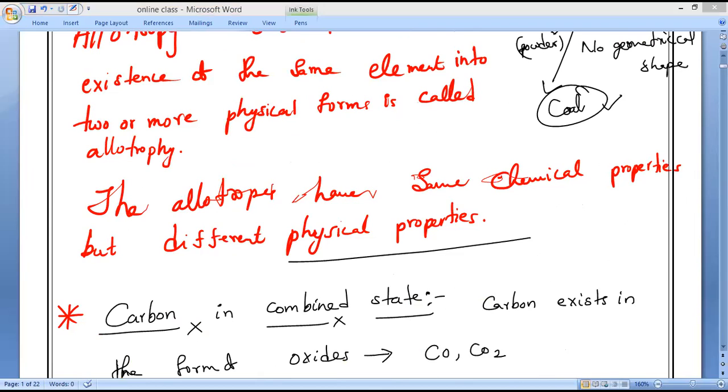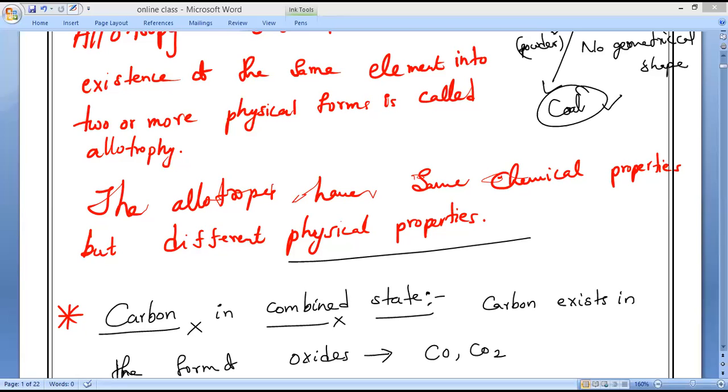Now, if you compare diamond and graphite, they have entirely different physical properties, even though they are made up of the same non-metal element called carbon. So their chemical properties are the same, but the physical properties are different. For example, diamond is the hardest substance known to us, harder than a metal.